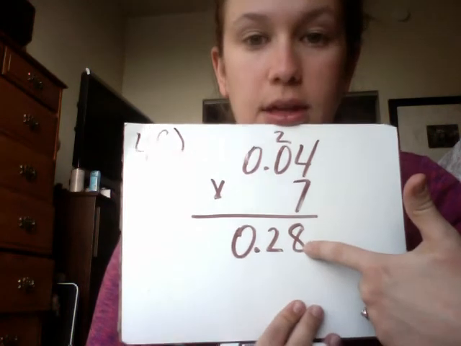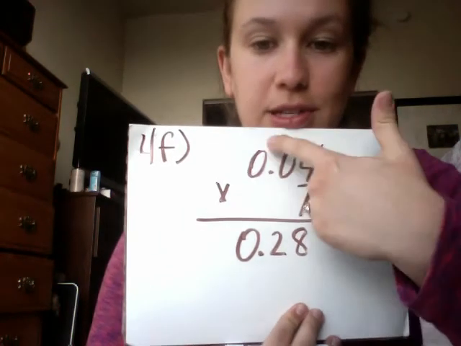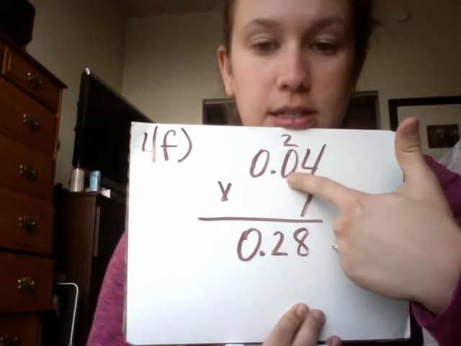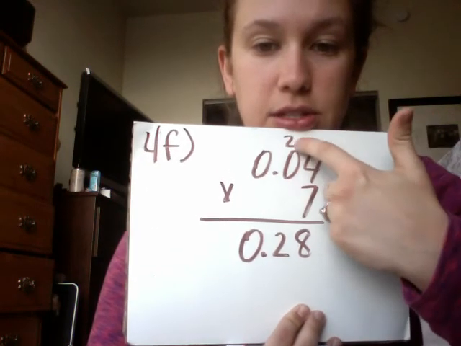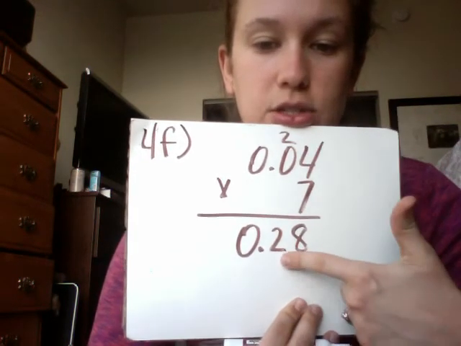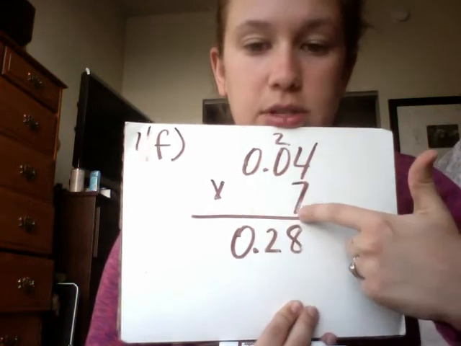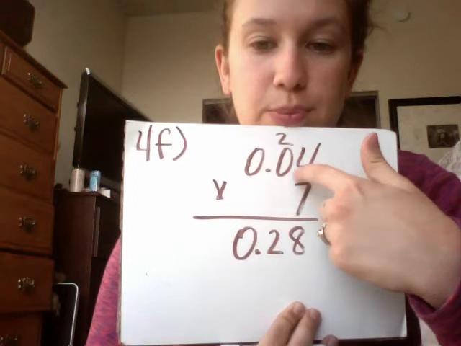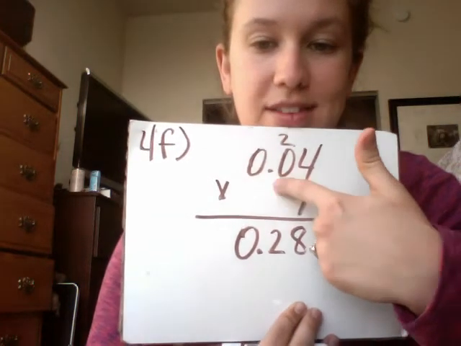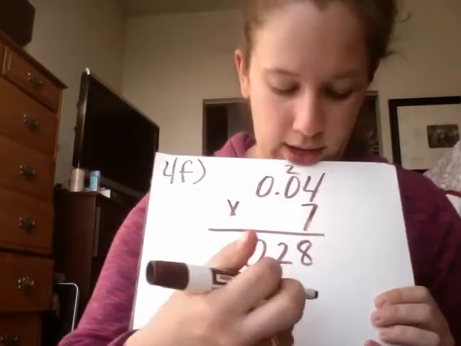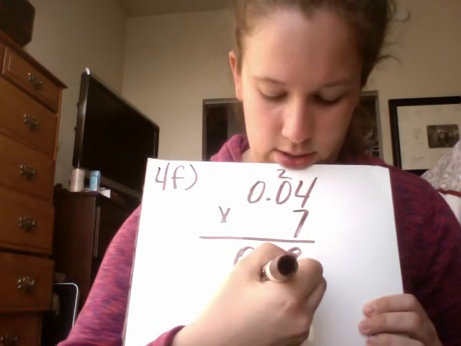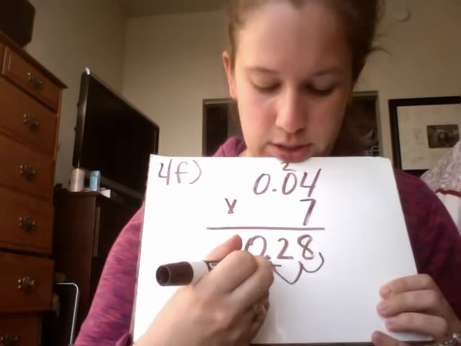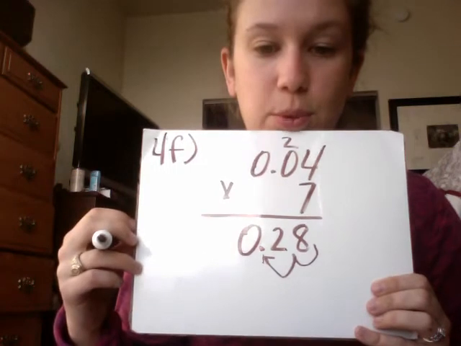I rename 20 of my hundredths to be 2/10. 0 times 7 is 0, plus those 2/10 is 2. 0 times 7 is 0. I have 2 numbers behind or to the right of my decimal place, so I count 1, 2 numbers to know where I put my decimal place in my answer.